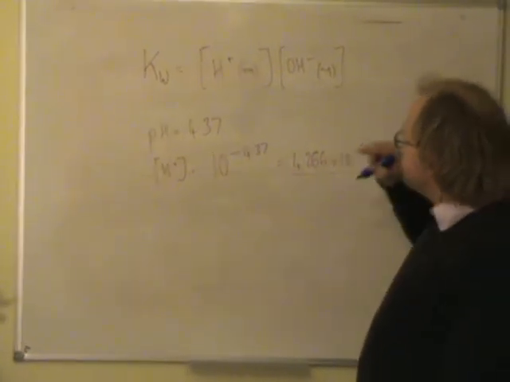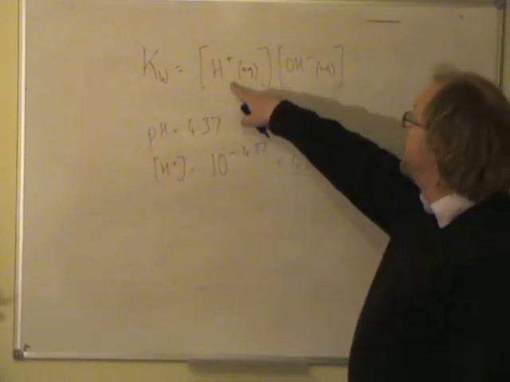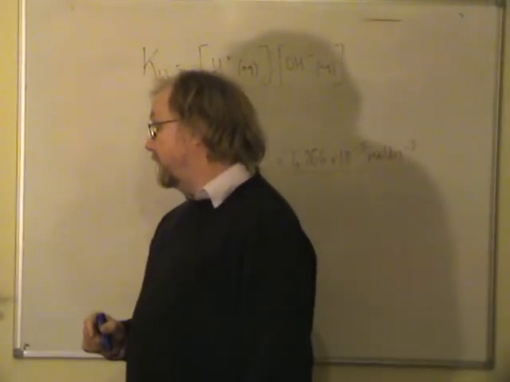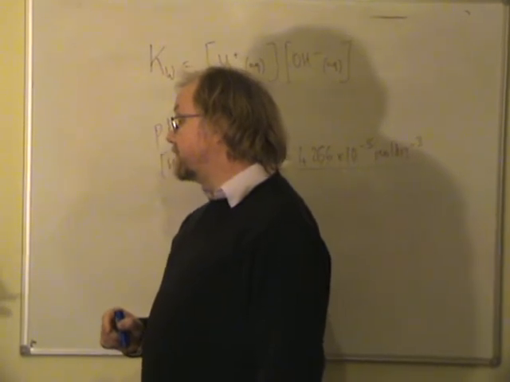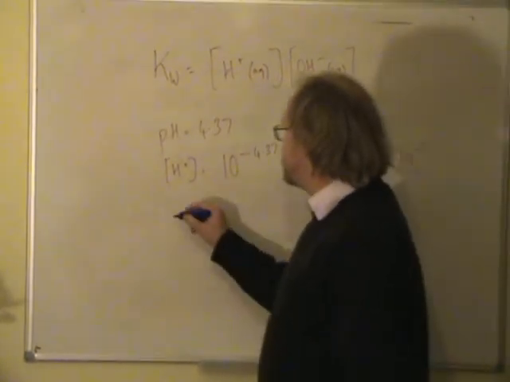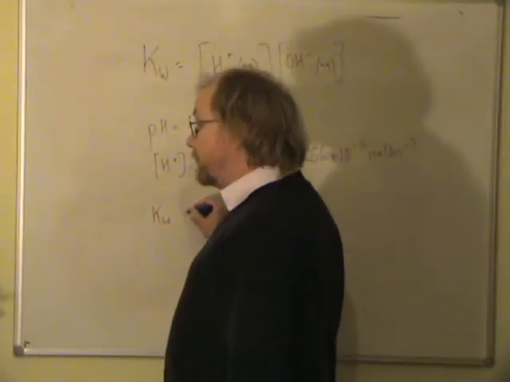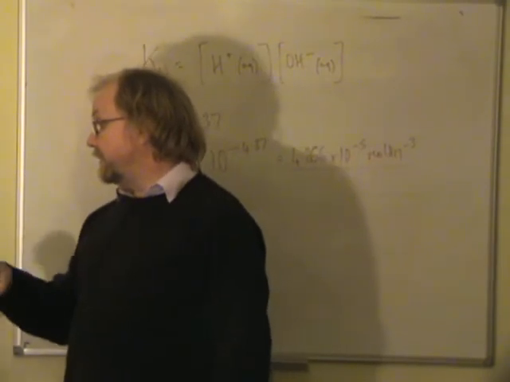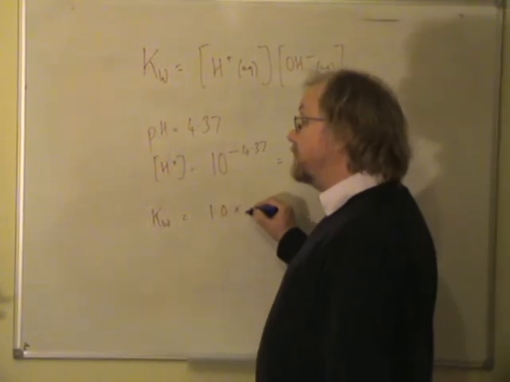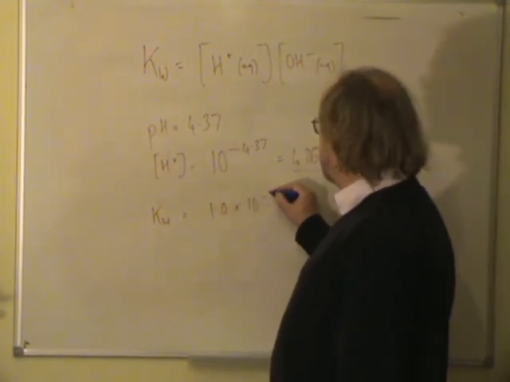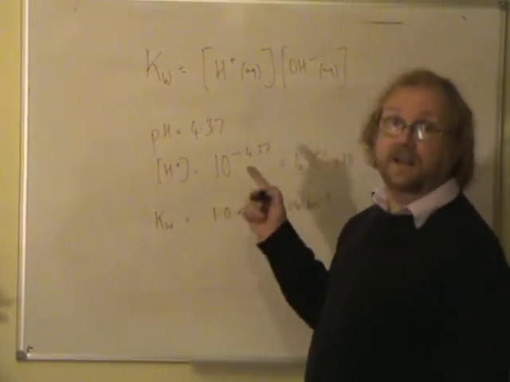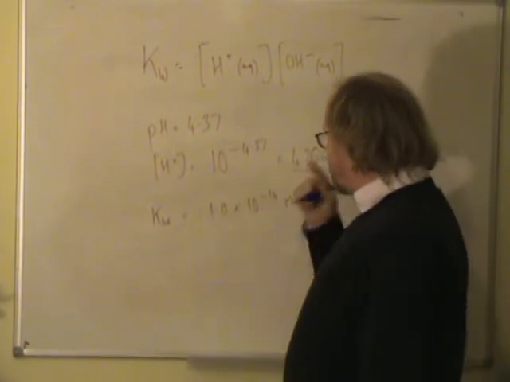And then we can use that number in here together with the value for Kw at 25 degrees C in order to solve for the OH minus concentration. So from the graph you can see that at 25 degrees C Kw is 1.0 times 10 to the minus 14 moles squared per dm to the minus 6, which is also the value that you're given in the data sheet if you use that one.